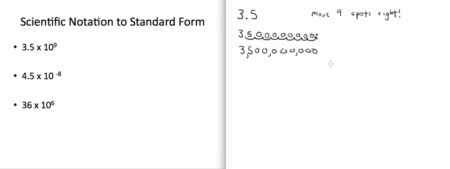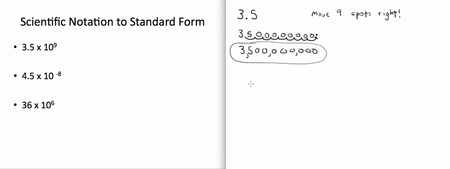I believe that would be 3,500,000,000. So 3.5 times 10 to the ninth, written in standard form, is this. We can see this is kind of icky, kind of messy, so we prefer to write it in scientific notation. It looks a lot better.